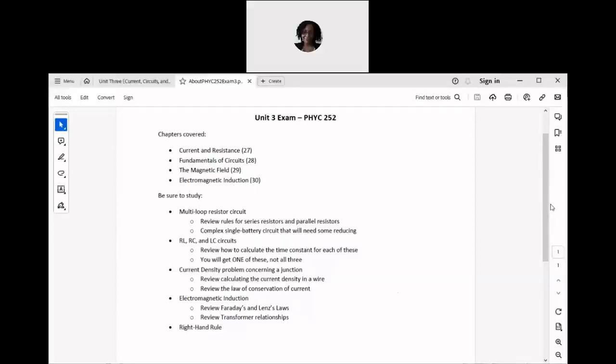So study the difference between a step up and a step down transformer, in short. And then also remember that you can use the law of conservation of energy on a transformer. So if you have enough information to figure out the power in your primary coil, that's got to be the same as the power in the secondary.